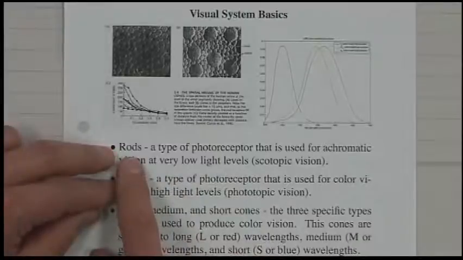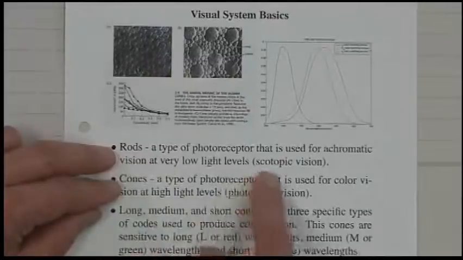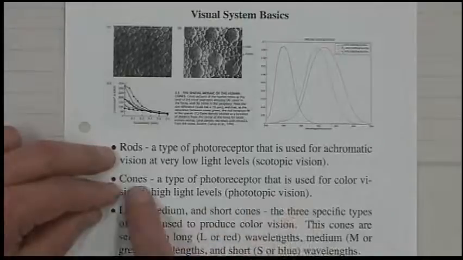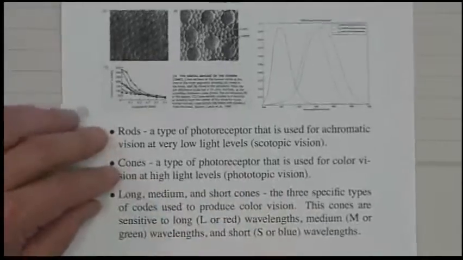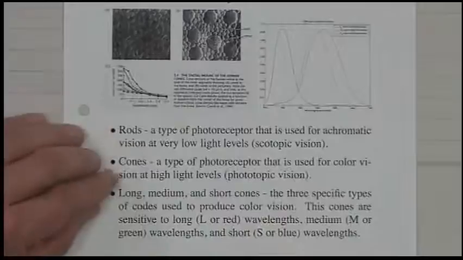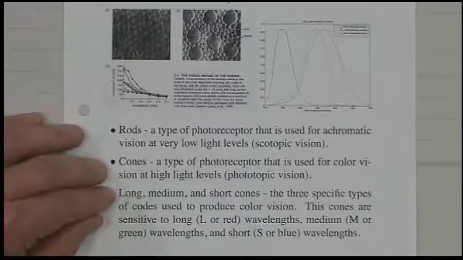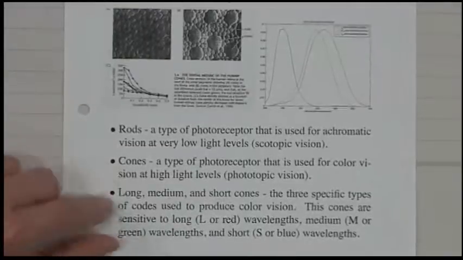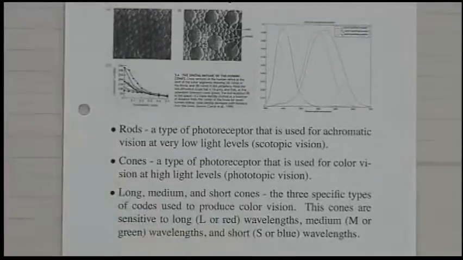So they have higher signal-to-noise ratio, but you get less information, and that's called scotopic vision. And photopic vision is the normal situation. That's mostly what we're interested in, when the cones are operating and you have color vision sensitivity. The cones come in 3 different flavors: long, medium, and short.